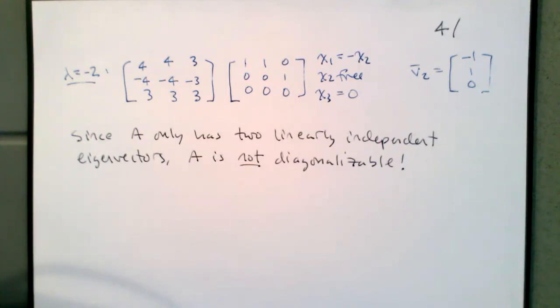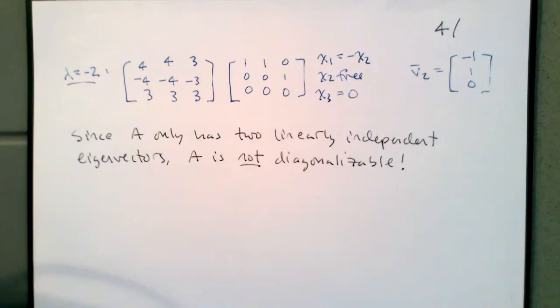This is one of the things that can happen when we don't have distinct eigenvalues. We only ended up with 2 linearly independent eigenvectors. So A is not diagonalizable.